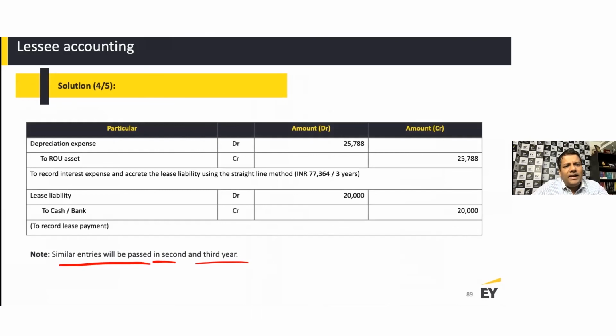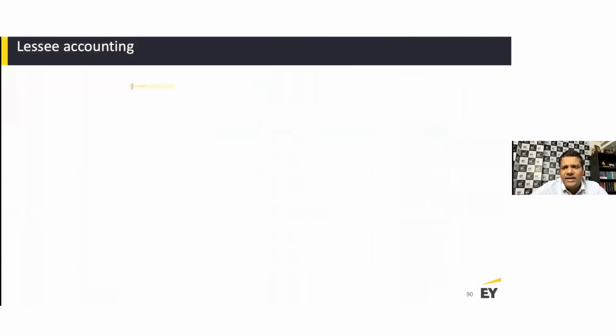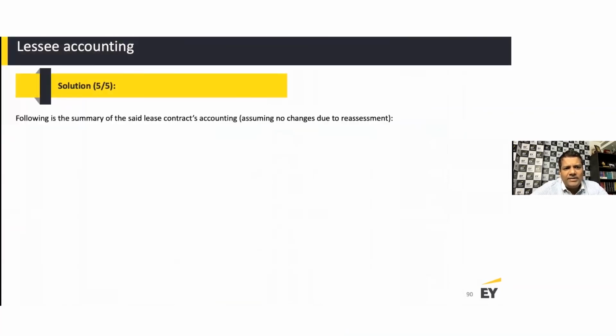And then I am going to record my depreciation, which is a straight line amortization, right? Straight line method. And then I'm going to adjust my lease liability because I'm going to pay 20,000 rupees, and then I'm going to record similar entries in year two and year three.